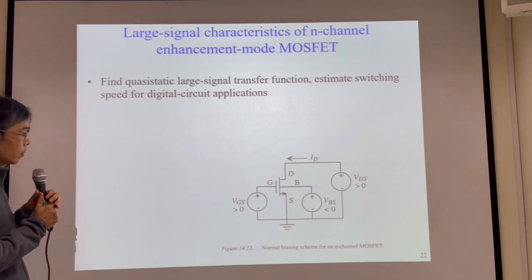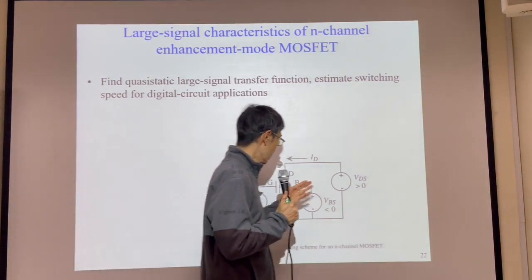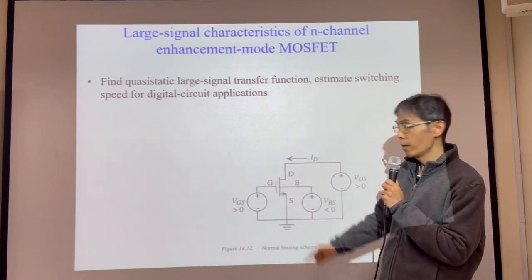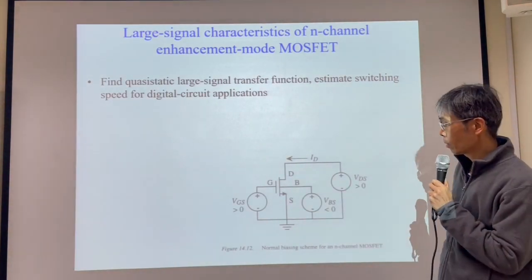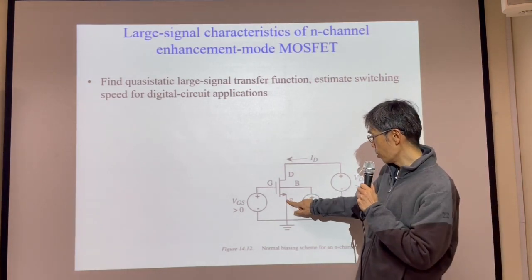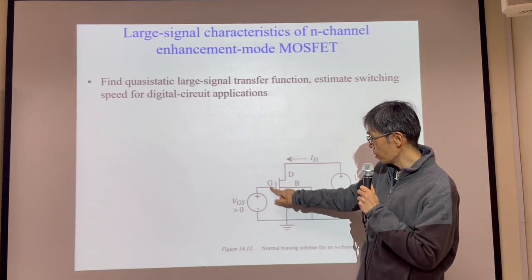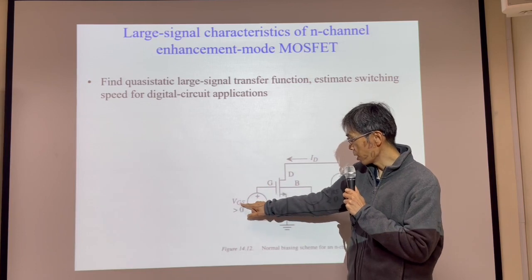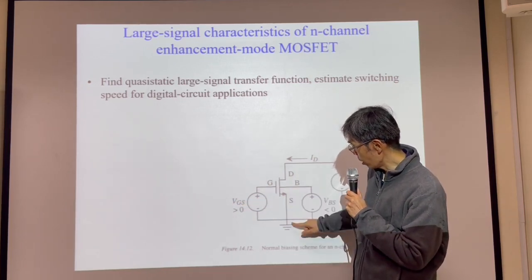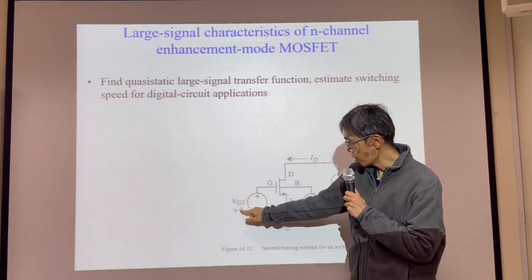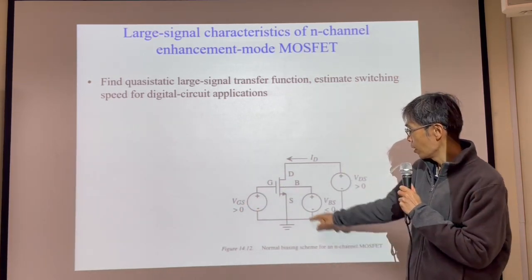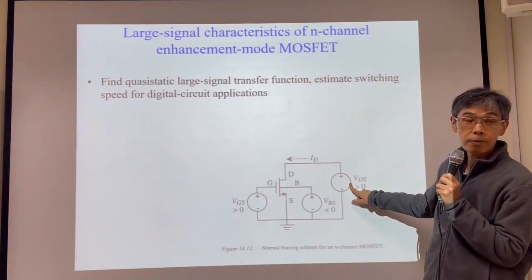Okay, so we have an NMOS device. The source is grounded. We have the gate voltage, VGS, between gate and source. So VGS greater than 0. This is positive, this is ground. This is the drain. We have a supply.